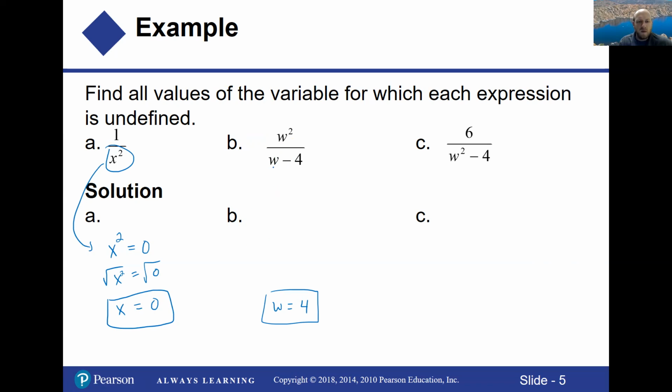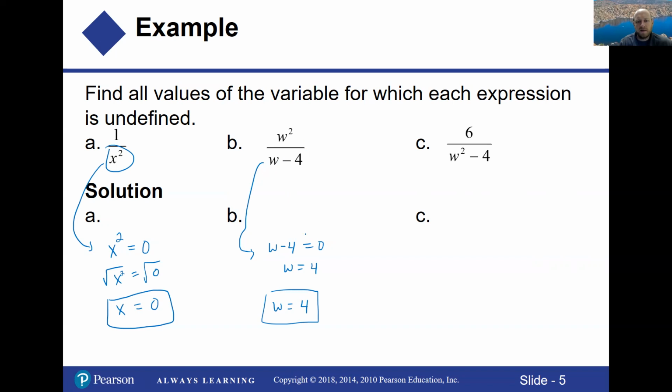Now again, if you want a method to do that, you would just take your denominator, take this guy and set it equal to 0. Don't even have to worry about the numerator in these. Just look at the denominator and solve it like it was an equation. So when w equals 4, that's when the denominator is going to be 0.